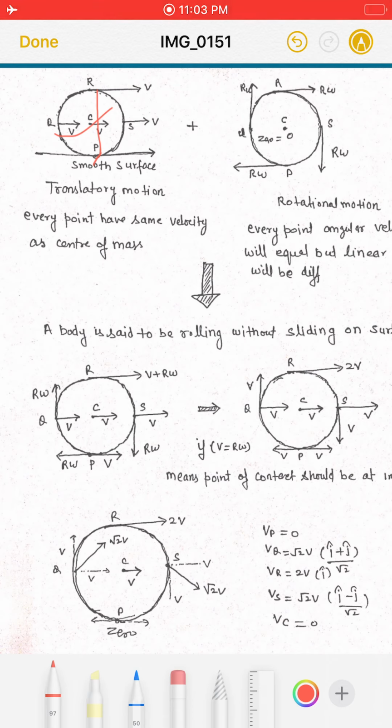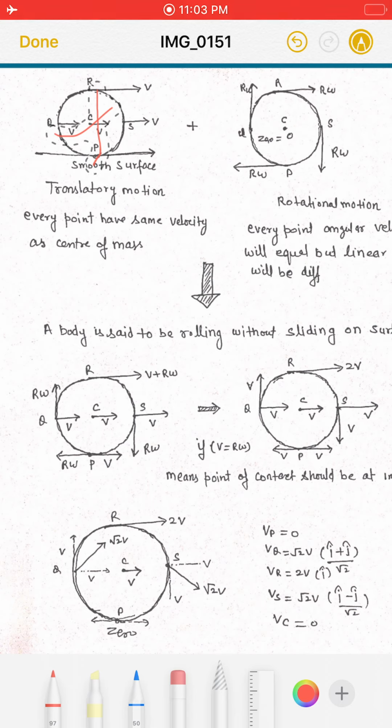Sphere is not rotating, so this is translatory motion. Once again I am repeating, each and every point should have the same velocity. Same velocity means, you already know from mechanics, speed should be equal as well as direction should be the same.